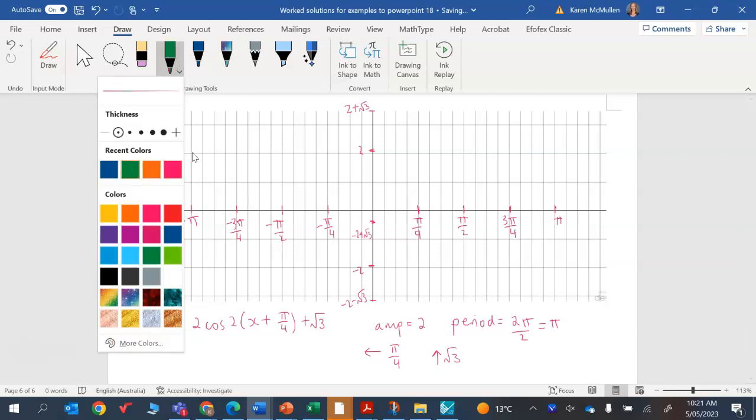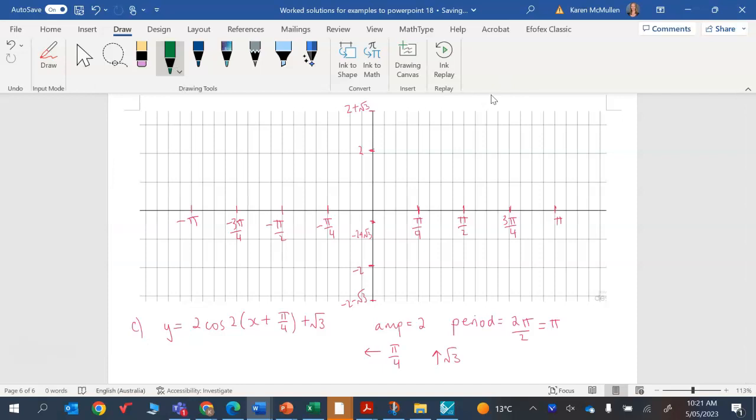All right, so like we did in the previous one, we just did a dotted line. So remember that's our minimum, and there's our maximum. You should be using a ruler. Me, not so much. Okay, and then our halfway point.